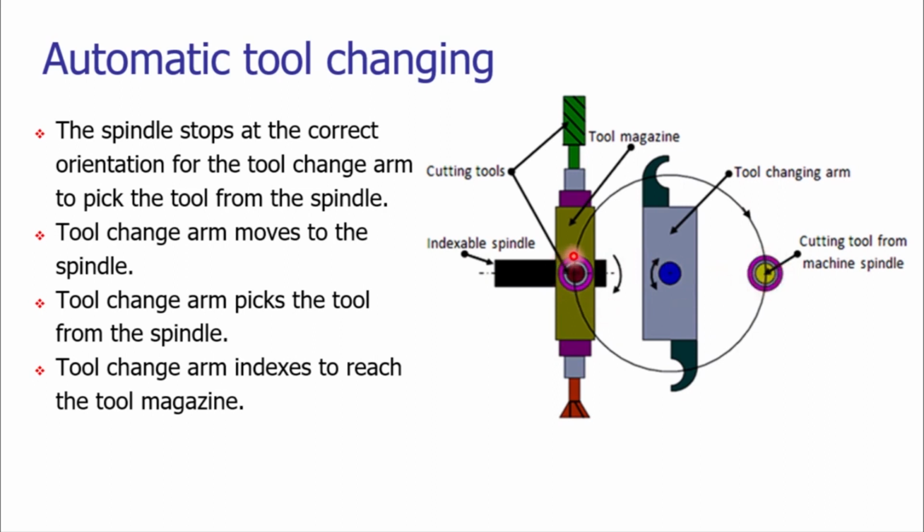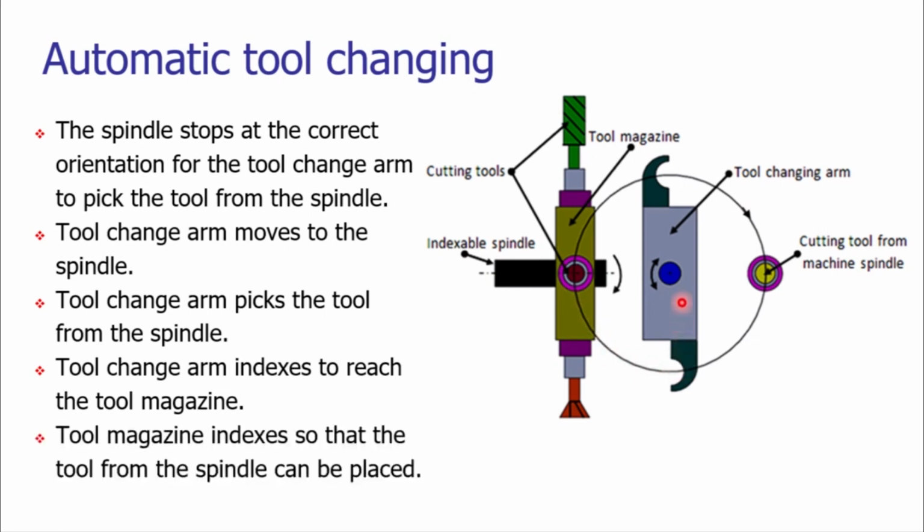The tool that is to be taken out will get engaged with the other end of the swiveling arm, the tool changing arm. Then the swiveling has to be carried out. So as the arm is getting swiveled, the tool which is taken out from the spindle will be kept at the destination.